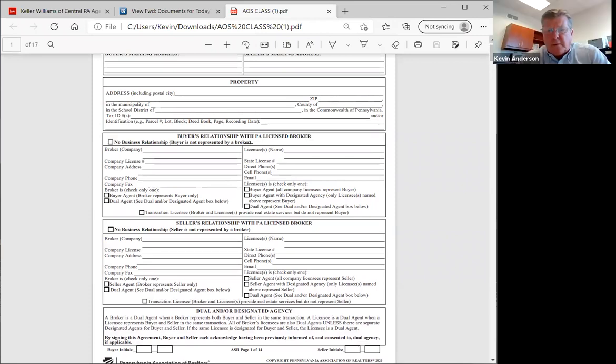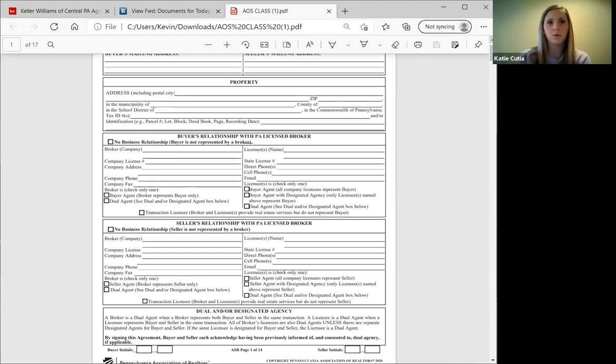Yes. For Keller Williams, whoever represents the seller is the seller's agent with designated agency. The only way you would have a dual agency is if you had a buyer with designated agency selling their own listing. So just because it's with Keller Williams, that would not make it dual.